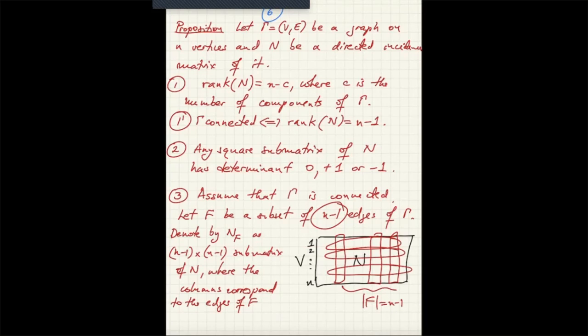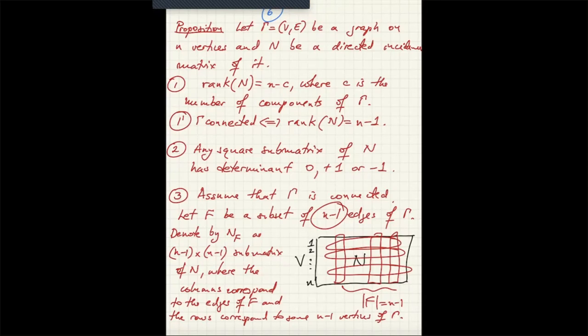So we get, the columns correspond to the edges of F, and the rows correspond to some n-1 vertices of gamma. Okay, so we have this square matrix where the columns correspond to the edges in F, and we pick n-1 rows. So we want to have a square matrix. So it's n-1 by n-1.